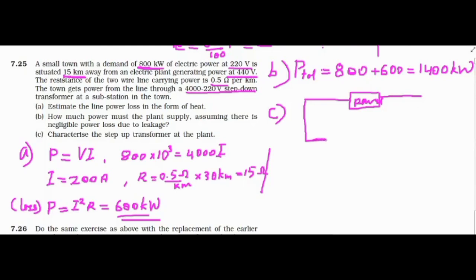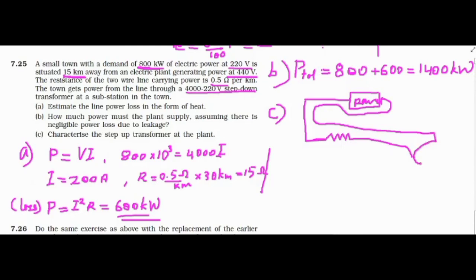Symbolically we can represent the total resistance of the line as a resistor. Two wires we have to use, and the total resistance of these two wires we can consider as a resistor.